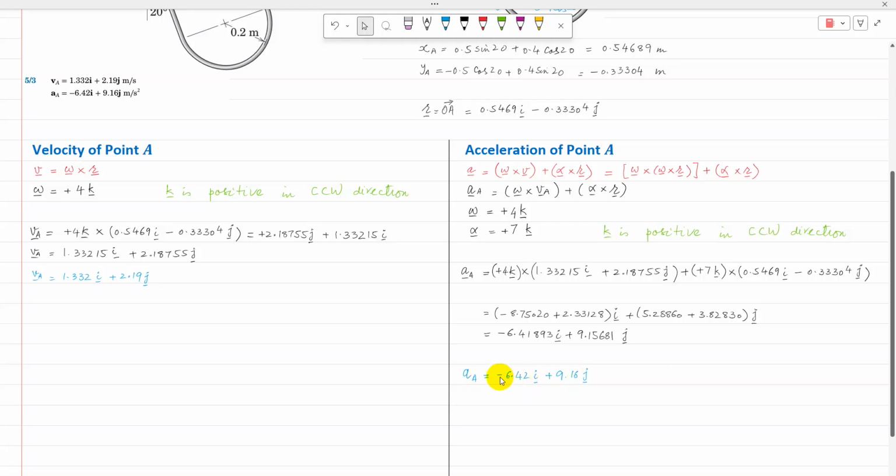So the acceleration at point A is minus 6.42 i plus 9.16 j, as per the answer at the back of the book.